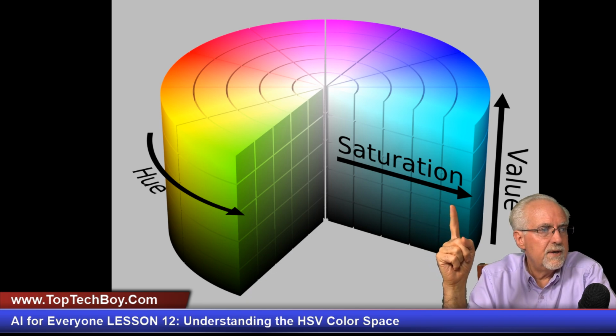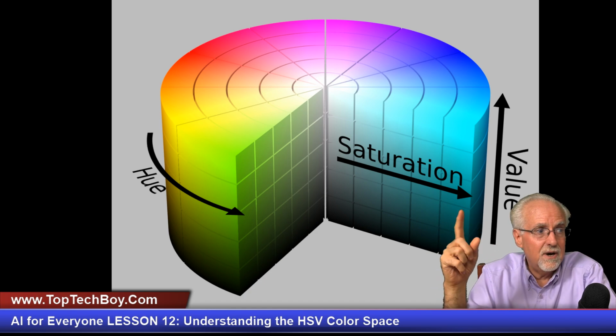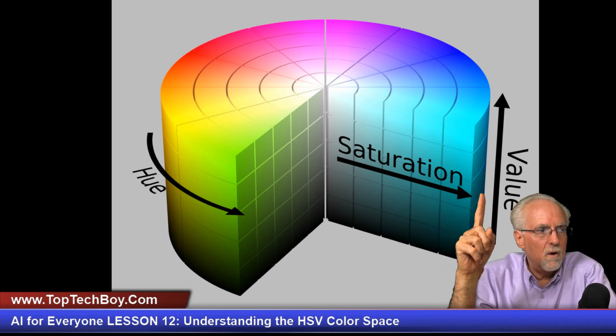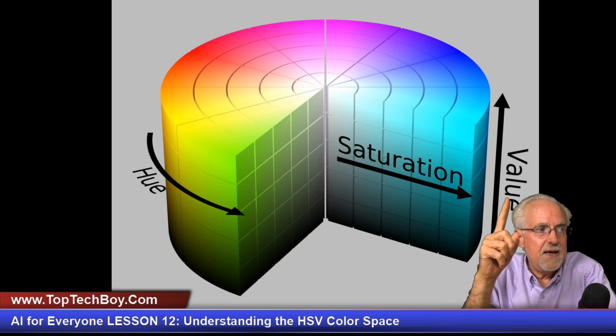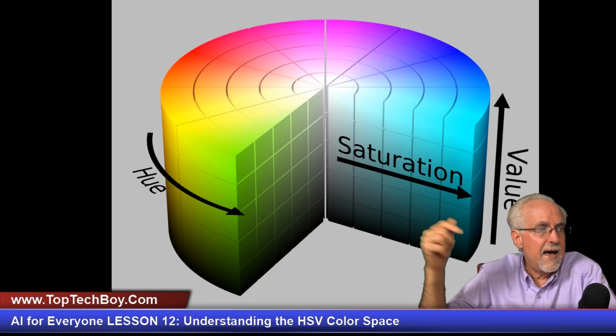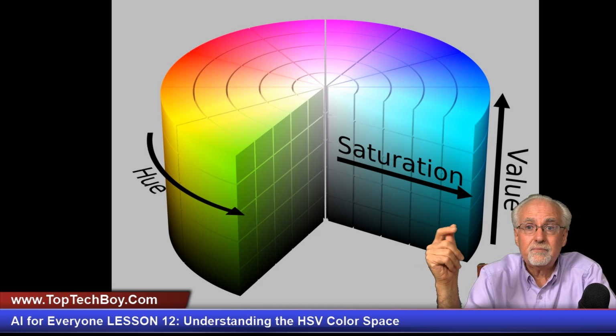Well, then what is saturation? That's kind of like how intense the color is. If you come all the way out here, which would be full saturation, that's 255. If you go all the way back to the center, that is a saturation of 0.